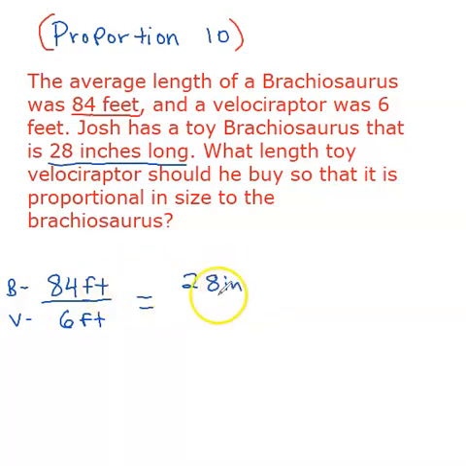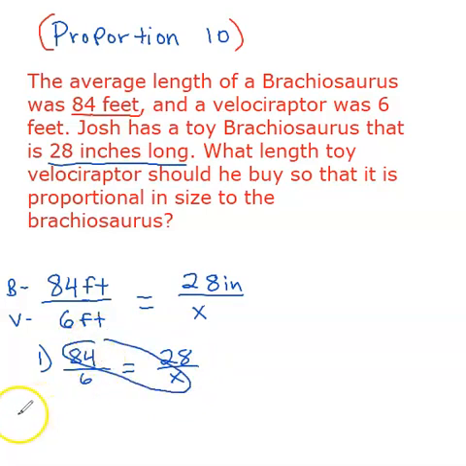So 28 inches. But we're looking for the inches for the Velociraptor. That's why that is X. Okay? So we're going to rewrite this. This is step 1. 84 over 6 is equal to 28 over X. So let's cross multiply: 84 times X, 84X is equal to 28 times 6. Okay? That's how we're going to organize it.